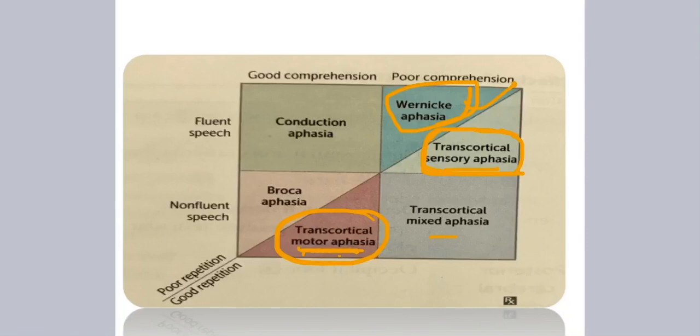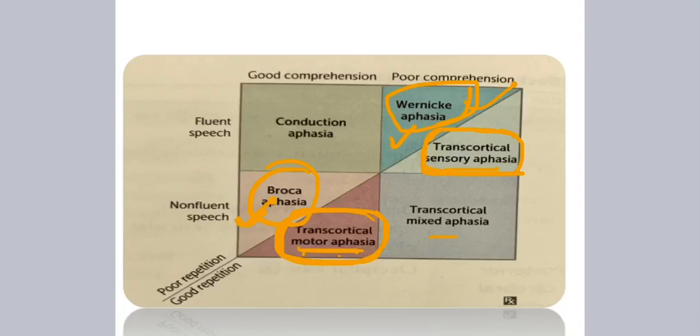And in transcortical motor aphasia, the entire frontal lobe is getting affected, but Broca's area is working perfectly fine.